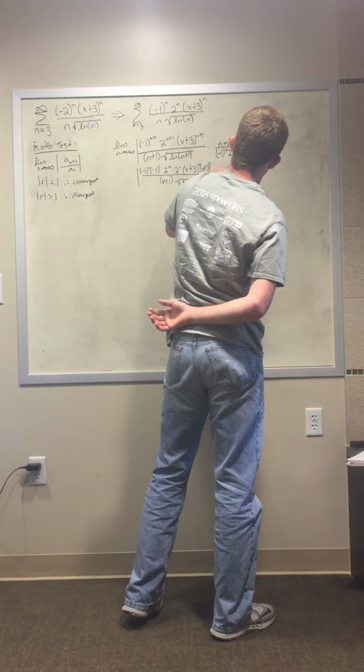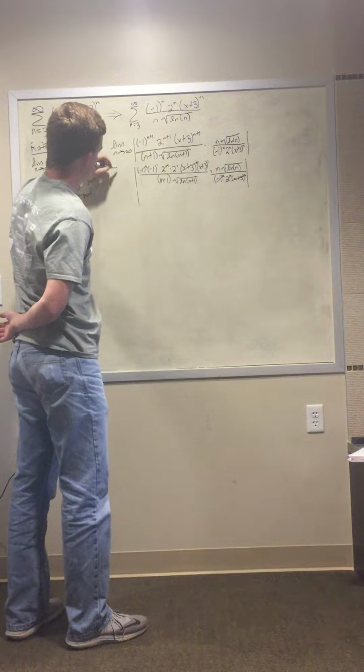So from there, we can now start canceling. Minus 1 to the n will cancel with that minus 1 to the n. 2 to the n will cancel with that. X plus 3 to the n will cancel with that. So we're left with, we'll carry our limit down.